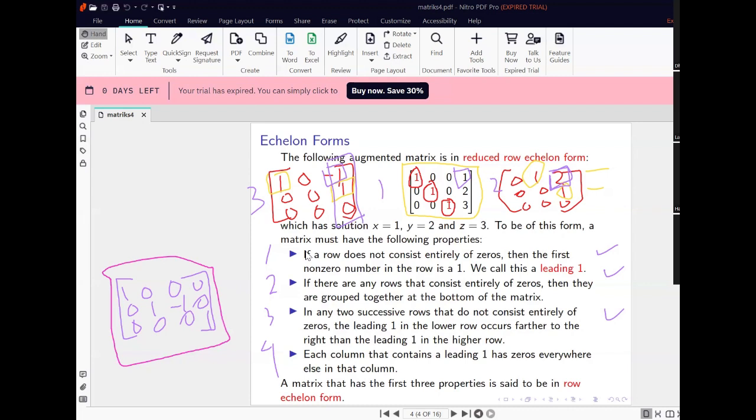Come on, what is the answer? Yes, okay, thank you. It's correct. Thank you, Laila. This matrix satisfies property number 1.